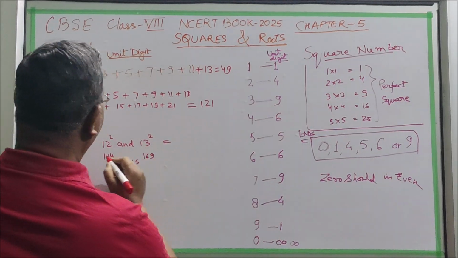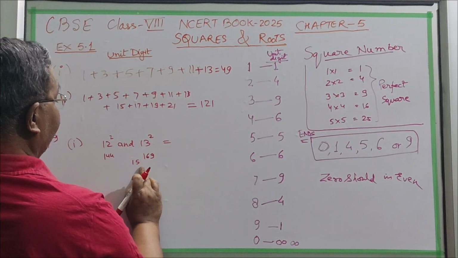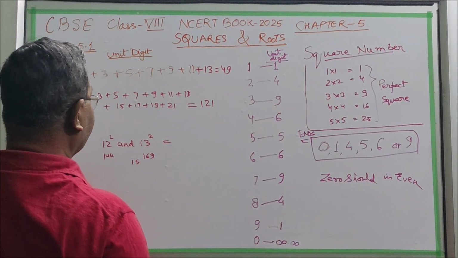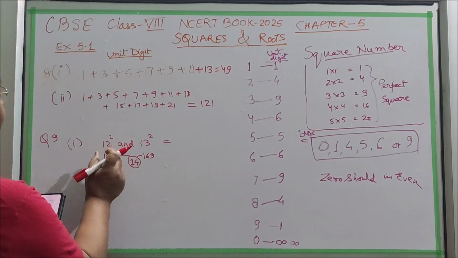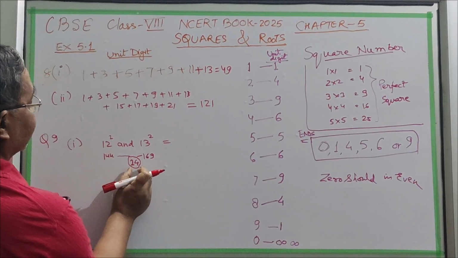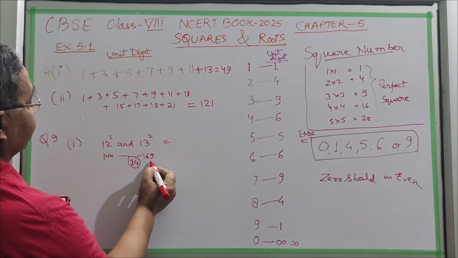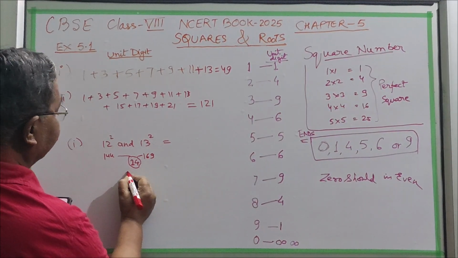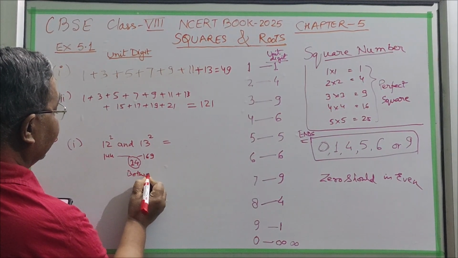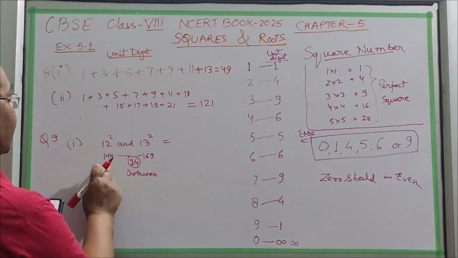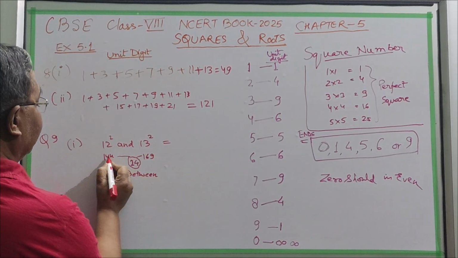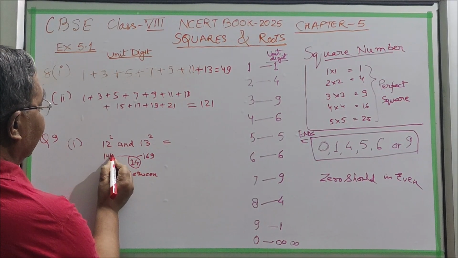So how will we know? They want to know how many numbers are in between, meaning you take the 12th square and the 13th square. Between numbers means we should not count this number or that number, excluding these two numbers.